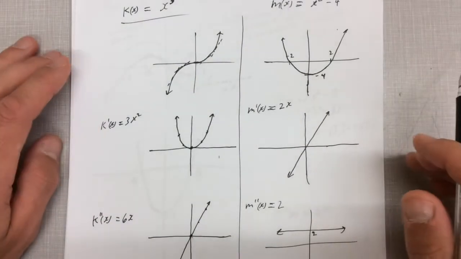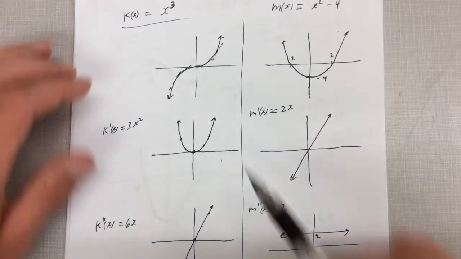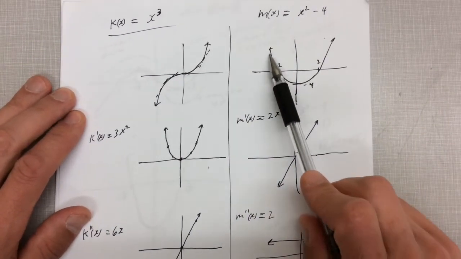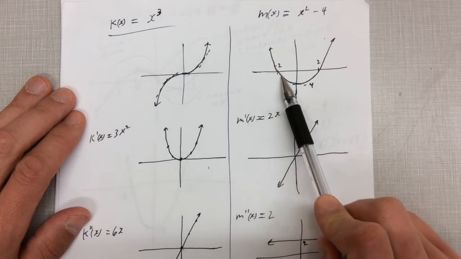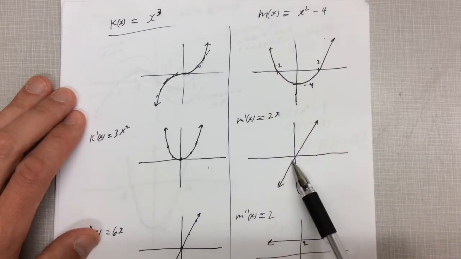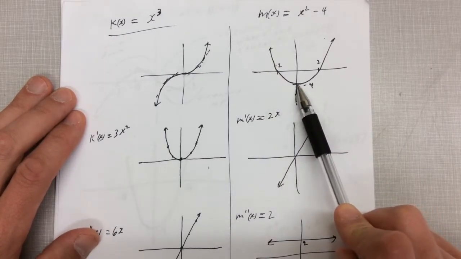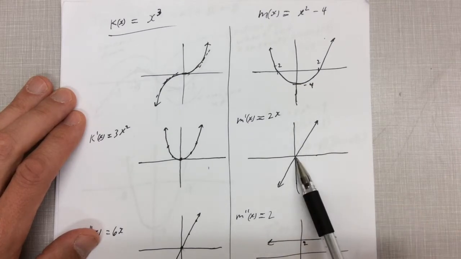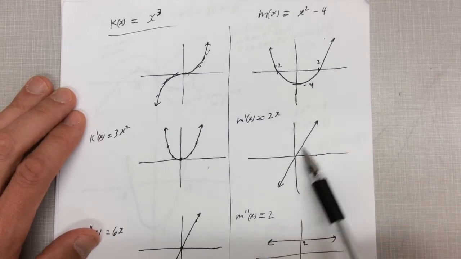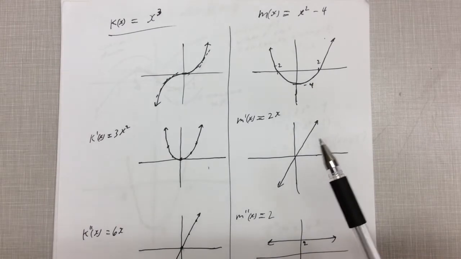Okay, so looking at these two again, in this function here, the slopes of the tangents are negative, negative. The derivative is negative. Its slope of the tangent there is 0. The derivative is 0. Slopes of the tangents are positive. The derivative is positive. Okay.